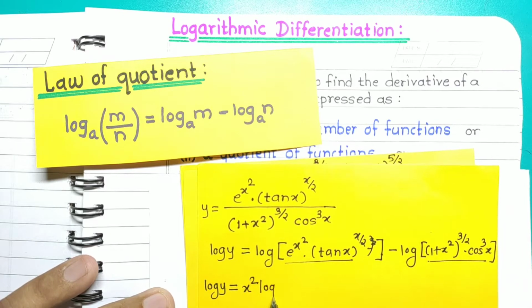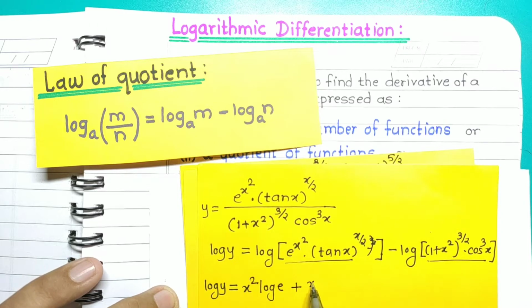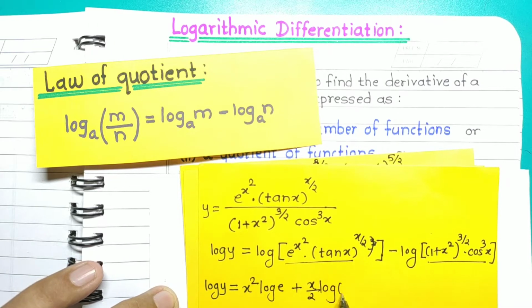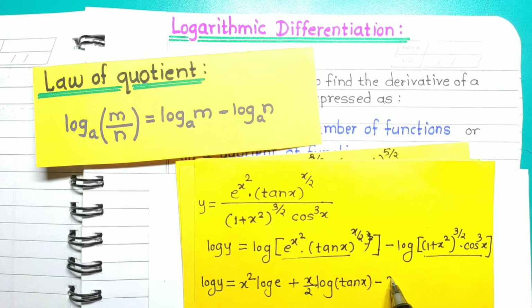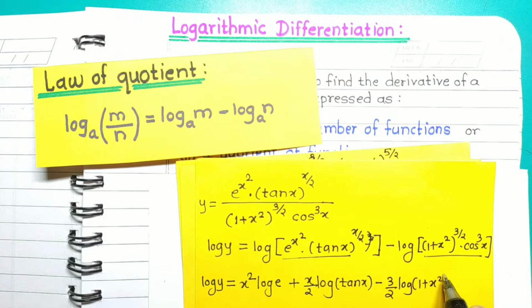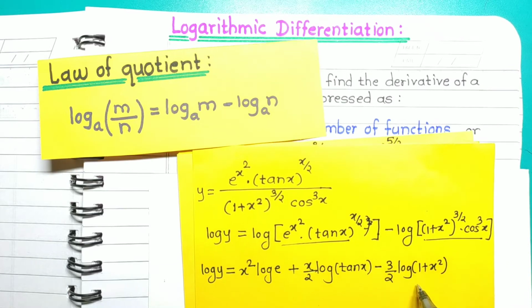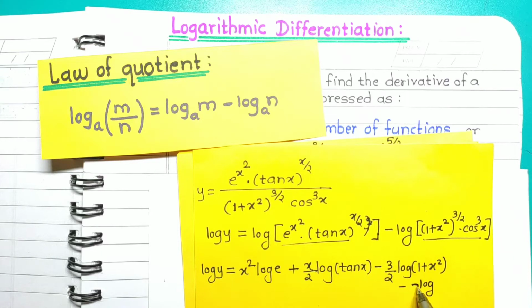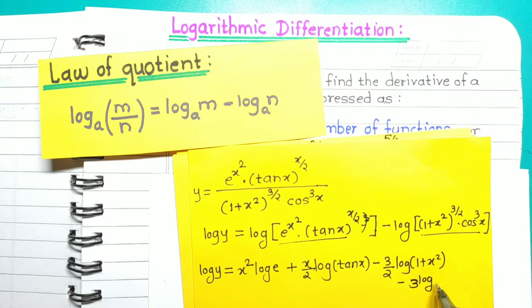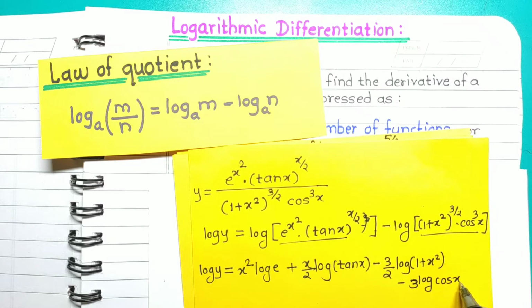So, x square into log e plus x by 2 into log of tan x, and here minus 3 by 2 into log of 1 plus x square, and here it is plus but out of the bracket there is minus, so it becomes minus of log of cos cube x. So this 3 will get multiplied to this logarithmic term, so minus 3 log of cos x.